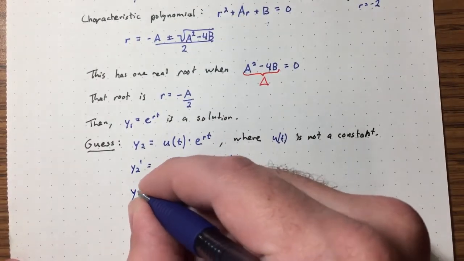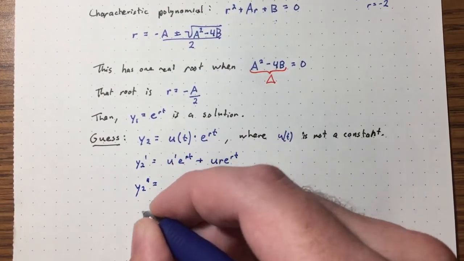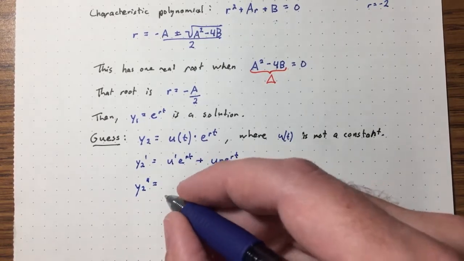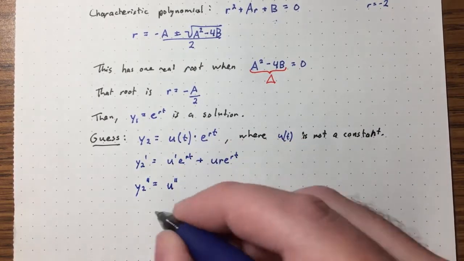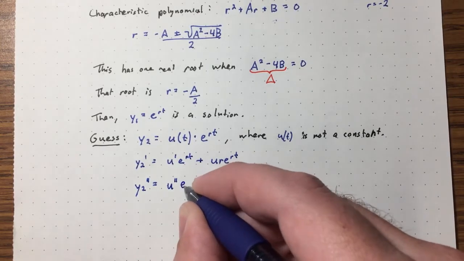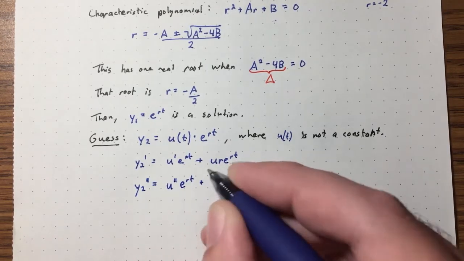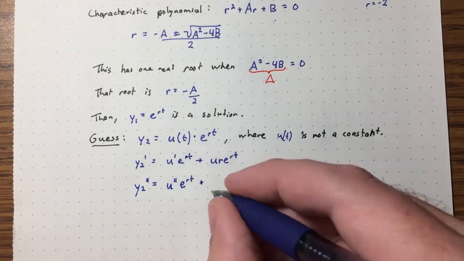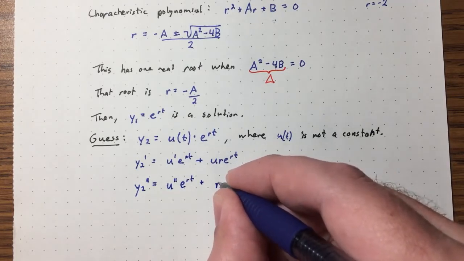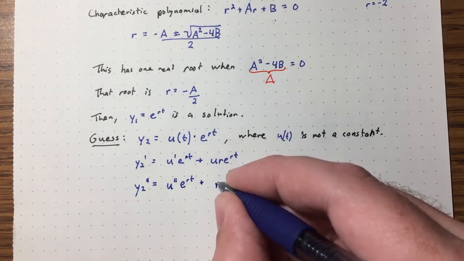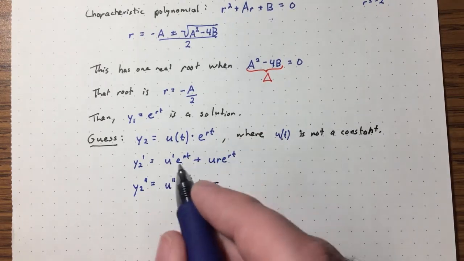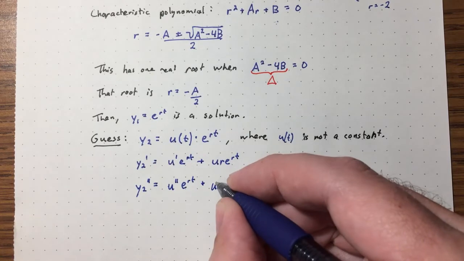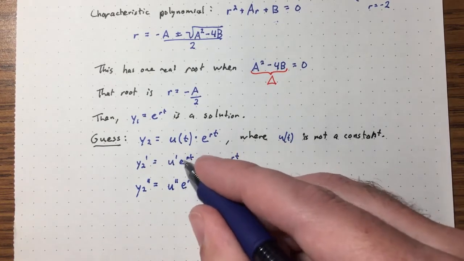And then y double prime, we have to use the product rule twice here. So u double prime e to the rt, plus a u prime r e to the rt.